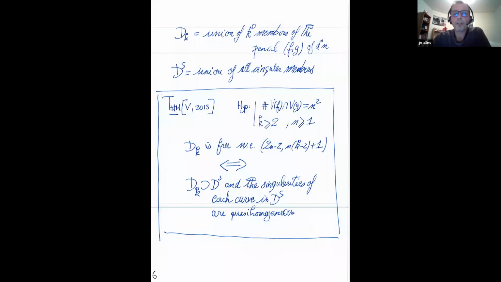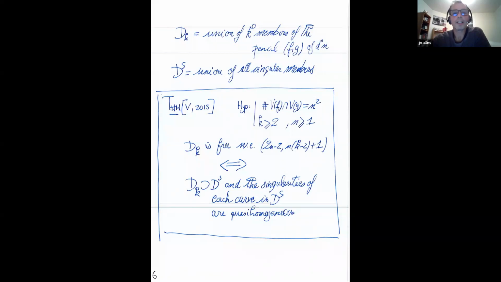And moreover, we need another hypothesis. The singularities of each singular curve of the pencil are quasi-homogeneous singularities. I will precise why. Let me say that I need to precise exponents.